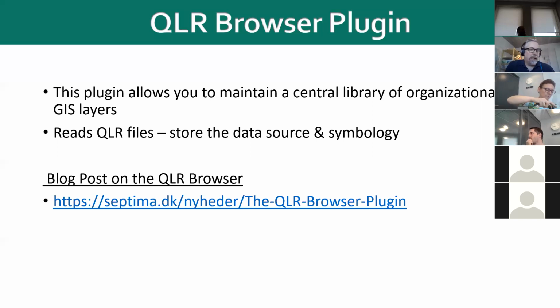It might be a local file. It can be anything. And it also stores the symbology. So it's a really handy plugin, and Solrød Kommune has a nice setup for QLR files that's saved in your minimal profile.